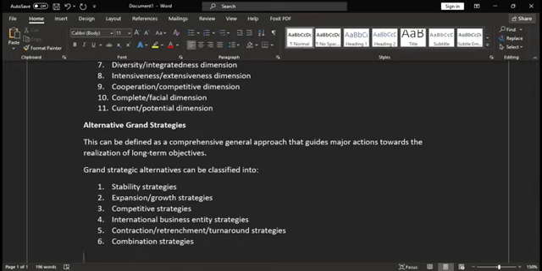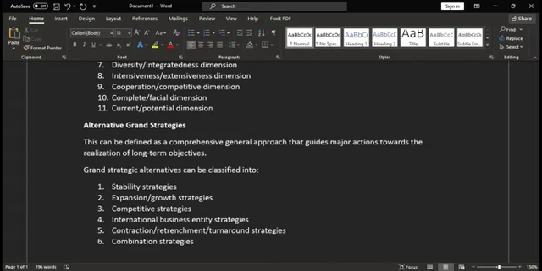The stability strategies, as explained earlier, talk about the desire.